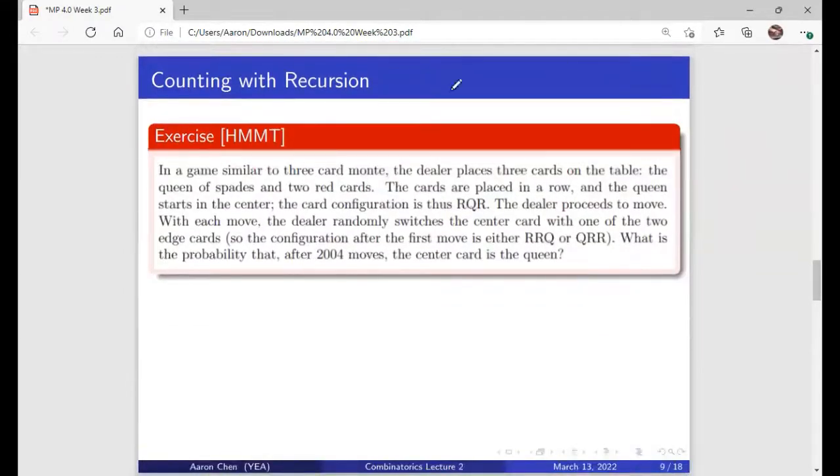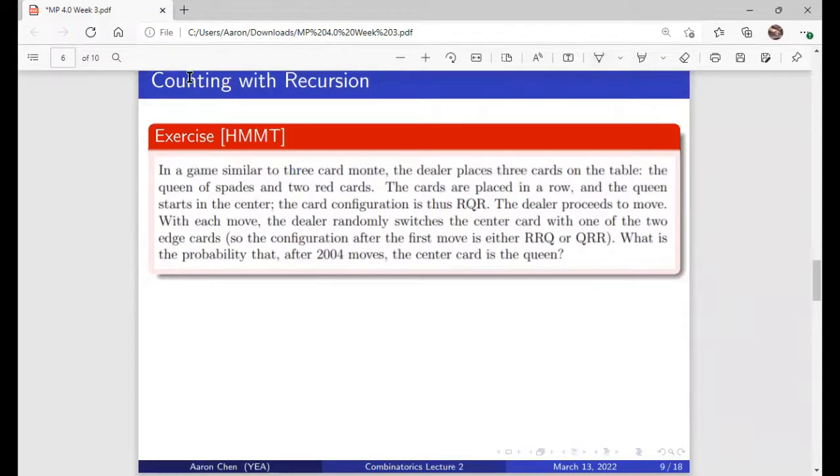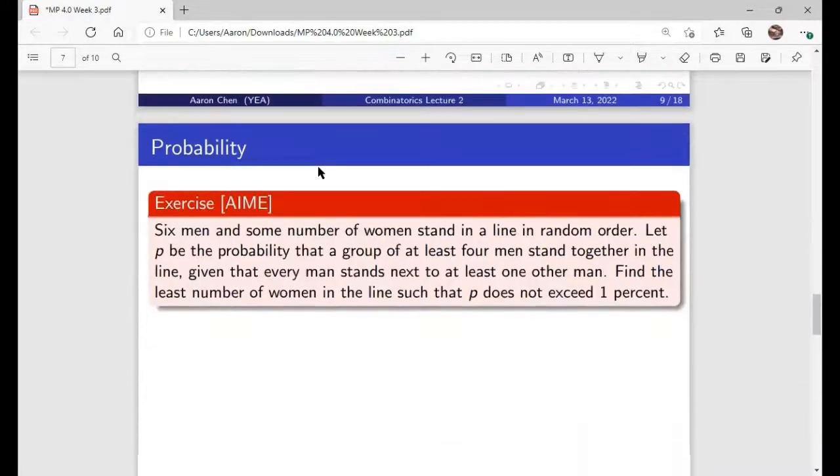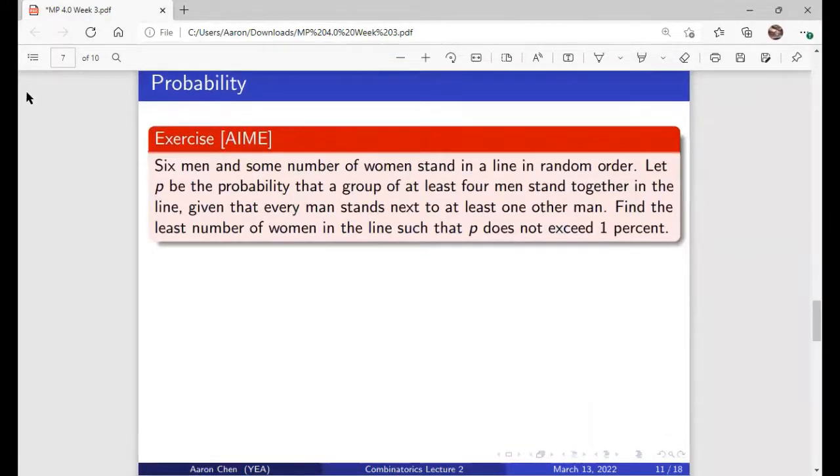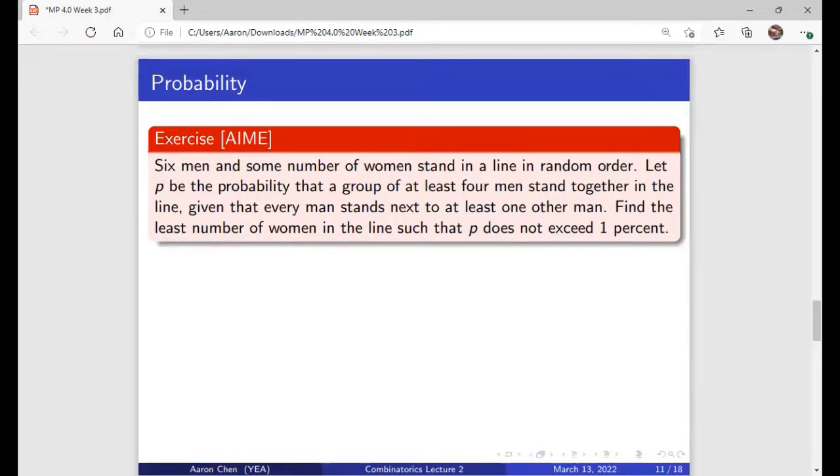And for the sake of being able to go through all the topics with the time we have, I will just skip this problem. So the next one is on probability. So yeah, once again, if you have any answers, please private message, and ask any questions that you may have.